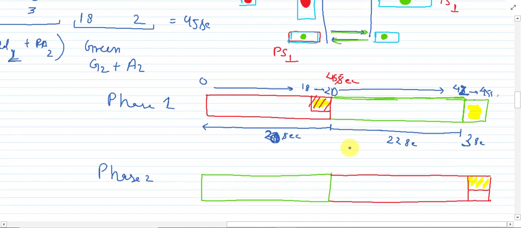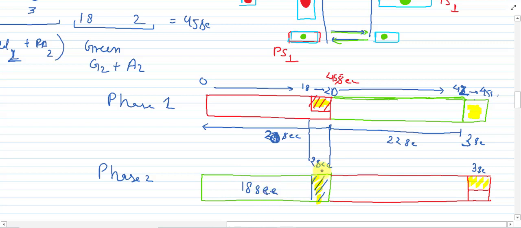So in this case we will just go through this. This is your 3-second red amber time, okay, and here is your amber time. Let me correct this with color coding, and this amber time is your 2 second, which is similar to the above one. Here the green time is only 18 second.